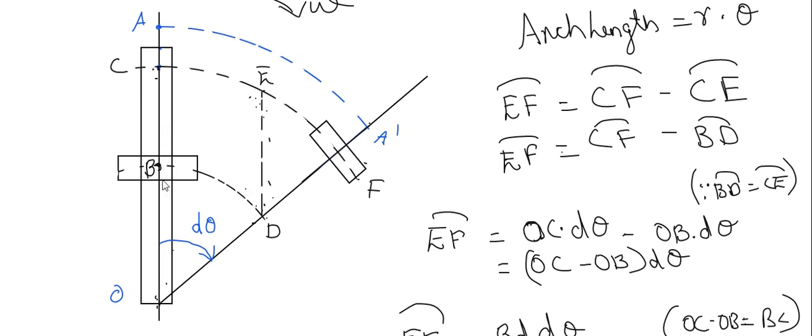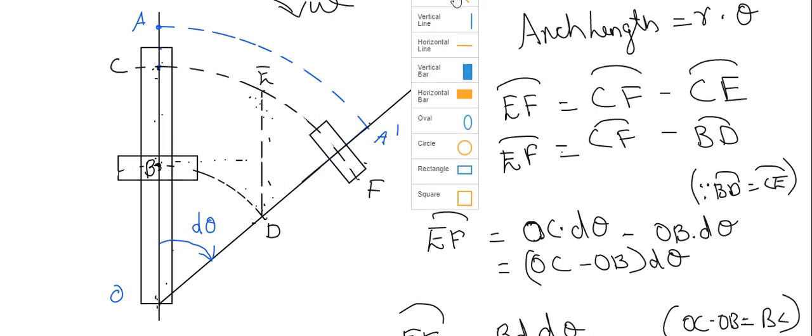BC means this one and DE means this one, because if the angular position is very small, then these two lines will come like parallel lines separated by a small distance. It will have equal length if this angle remains very small. You can see it from here.